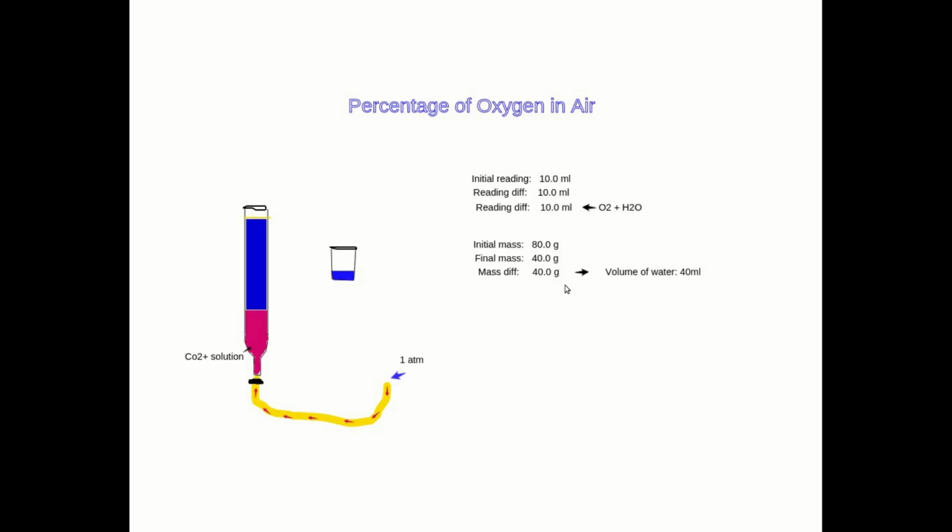The difference of the mass of the water can be used to calculate the volume of water we added to the gas burette, and the volume of water we added to the gas burette should equal the volume of white nitrogen. I'm not going to go back to that picture, but you can go back to look at it yourself.